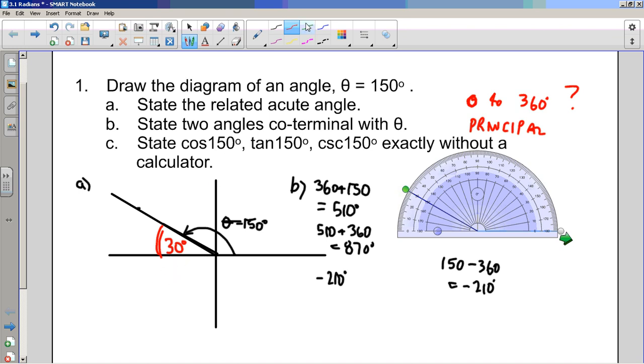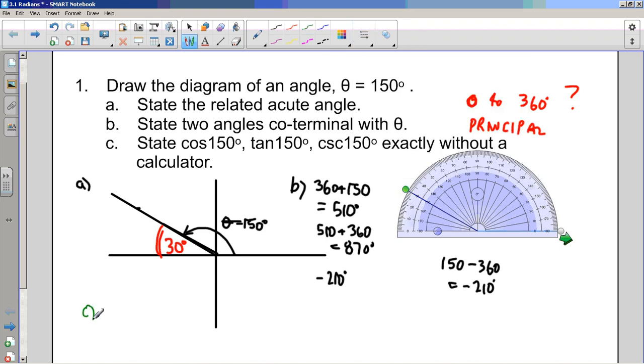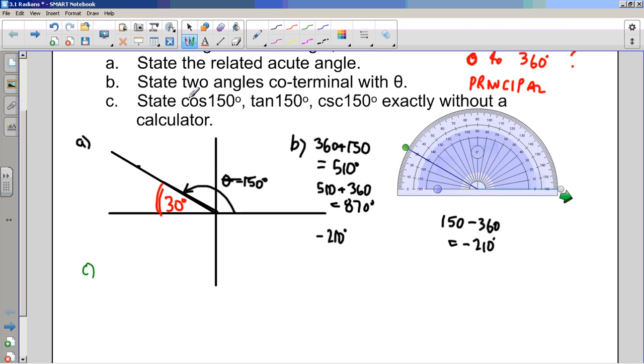And part C, by the way, is a little bit of a hassle, but we'll go over this more soon. The idea here, cos of 150, tan of 150, cosecant, basically we can build a little triangle. And in grade 11, we learned what the relationship between these sides was, right? Hopefully you remember, the opposite one, the smallest one, was 1. The adjacent was the square root of 3.